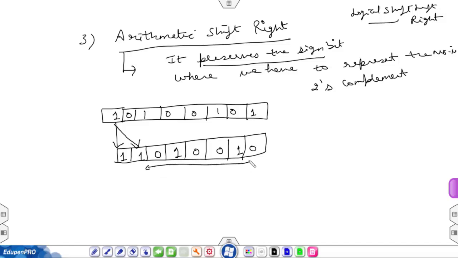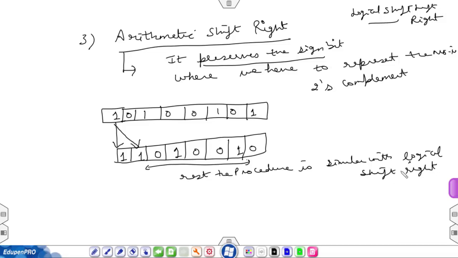The rest of the procedure is similar to the logical shift right operation. The only difference is that the sign bit remains the same. Here 1 is representing a negative number, which means the number is negative.